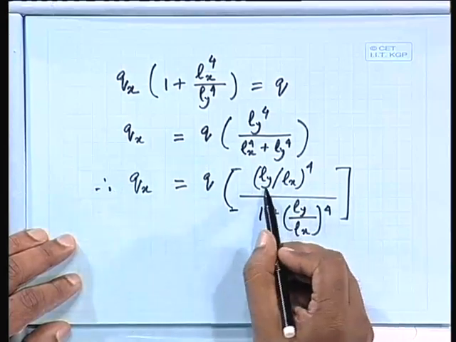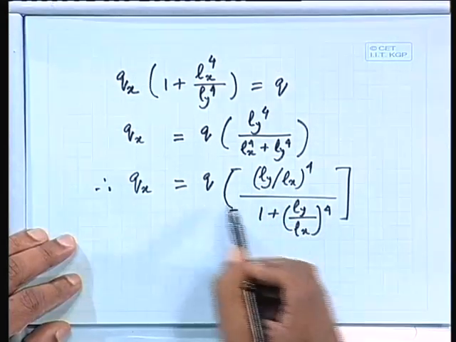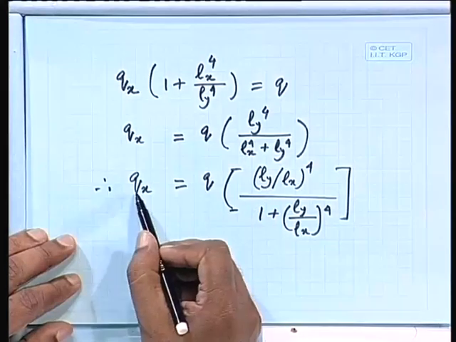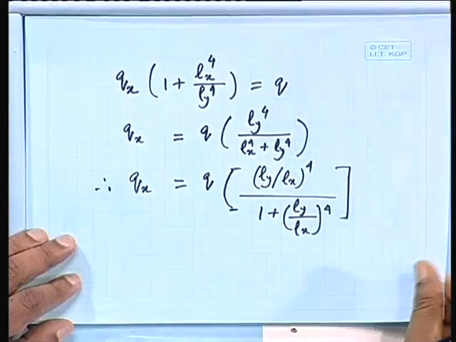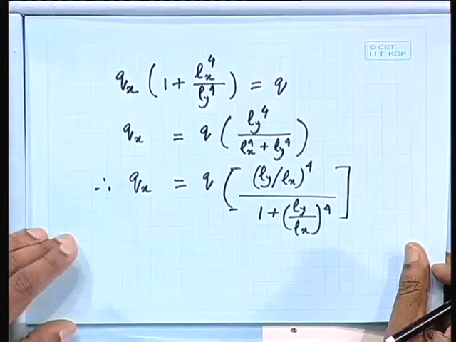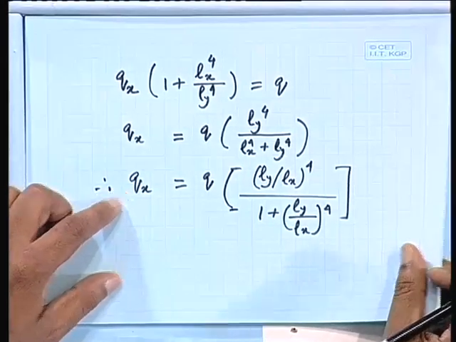Depending on Ly by Lx, we can find out the contribution of Qx here. Similarly, we can write the other portion, how much Qy will be.